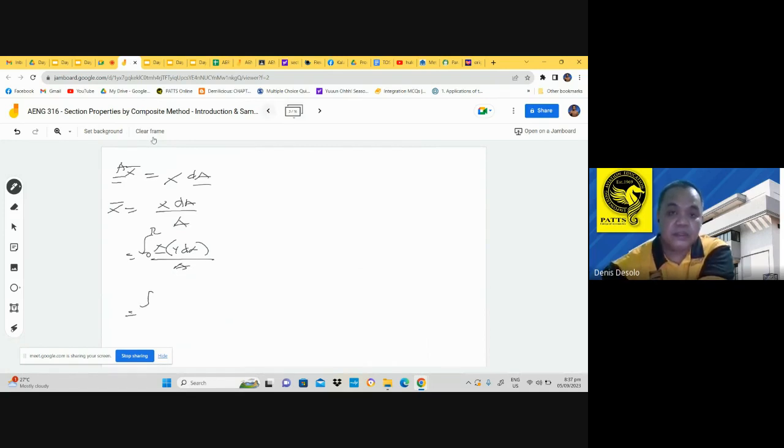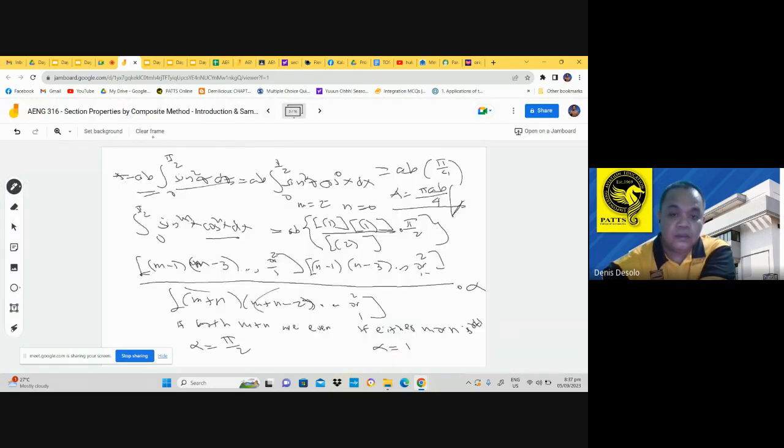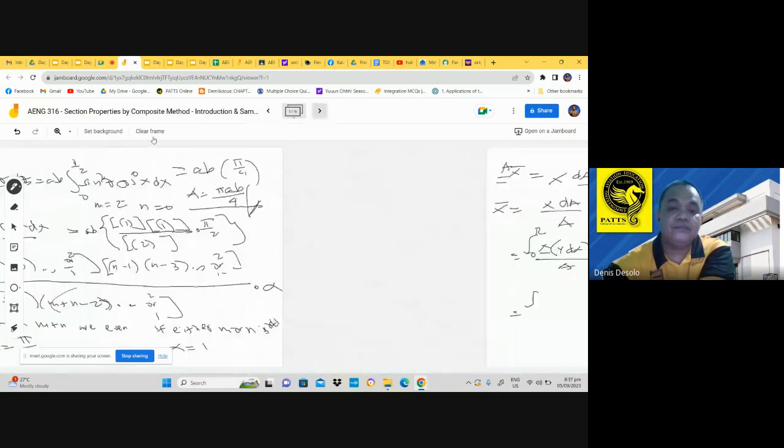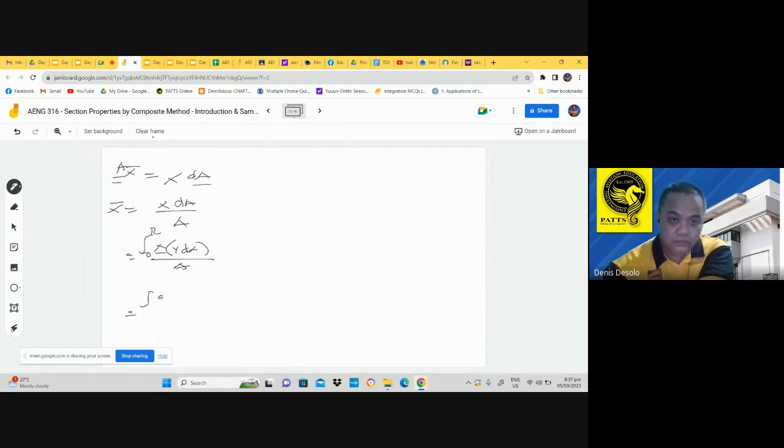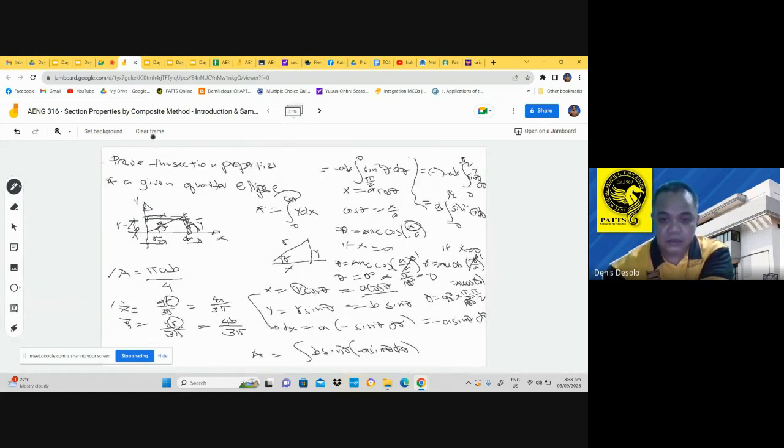This becomes a cosine theta, y by b sine theta, and the differential of x, this one, negative a sine theta differential of theta.